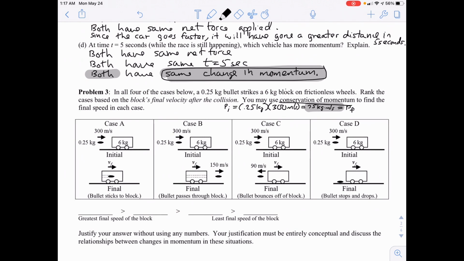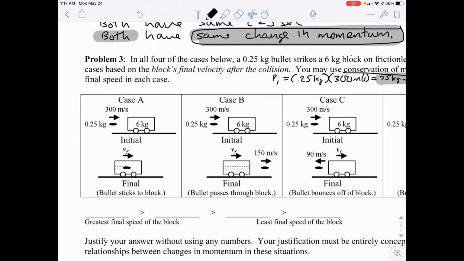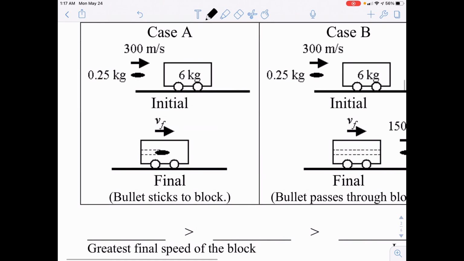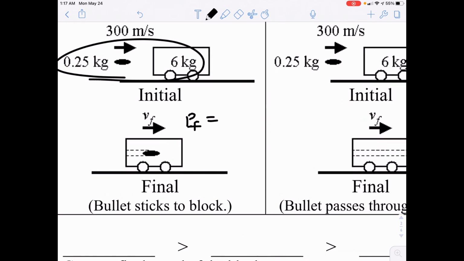Let's take a look. In case A, the bullet becomes embedded in the block. So that means the masses stick together. So P final is equal to mv, where m is the sum of the masses.